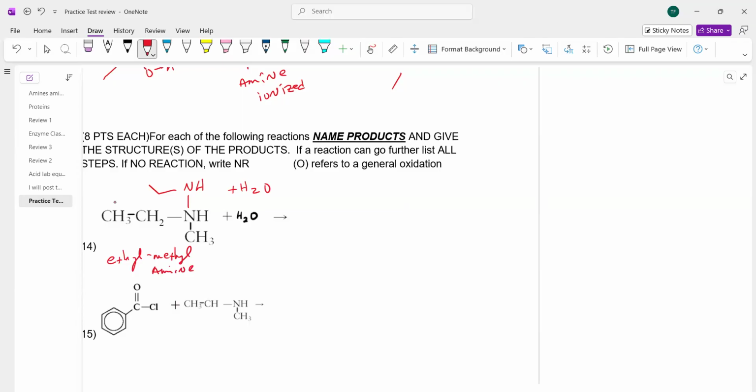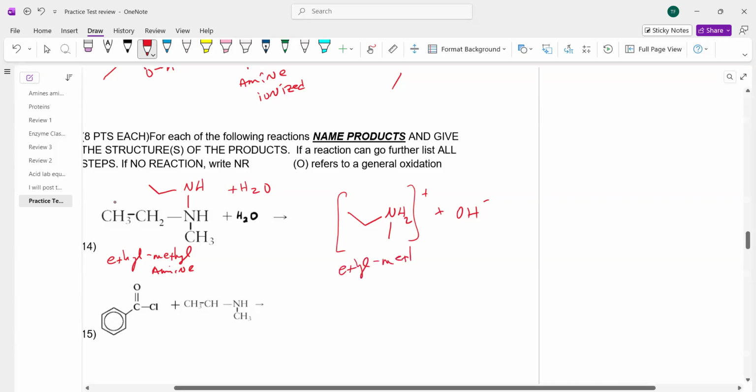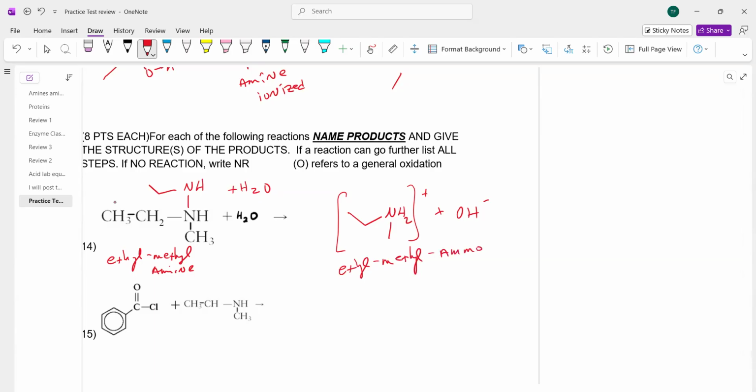Okay, in water, what's going to happen is it's going to form a base. And this would be ethyl methyl ammonium.